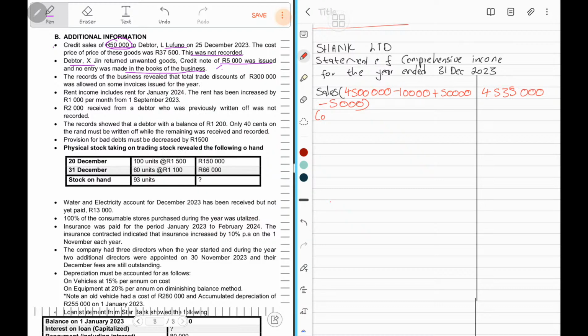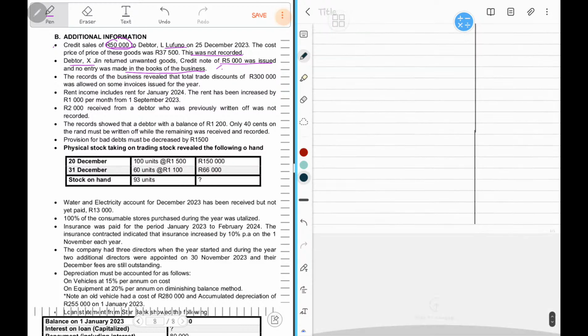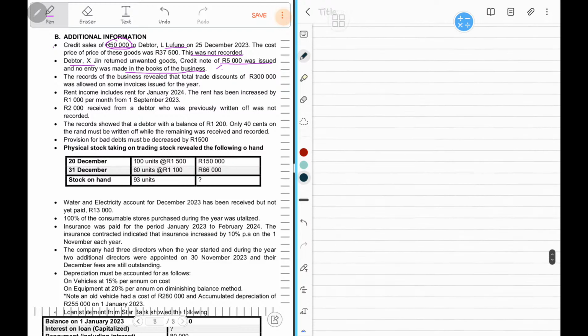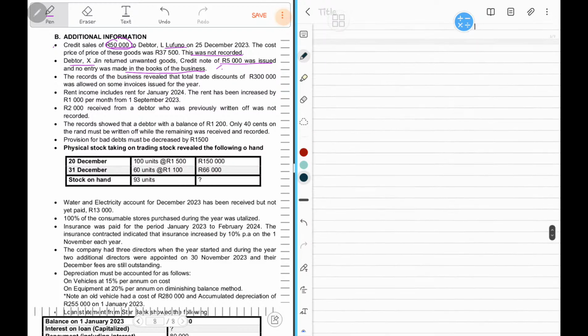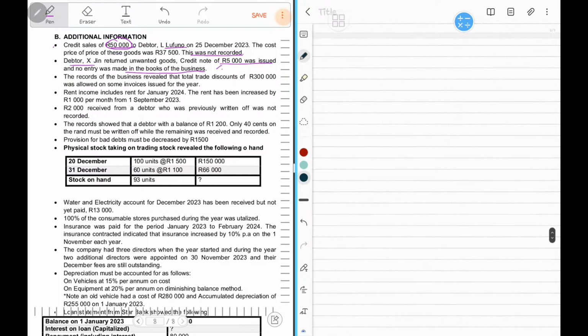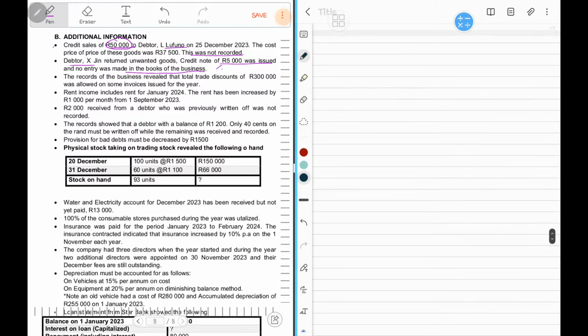So cost of sales, we have to find it. So now before we do this one, let me just say cost of sales. Okay, so let me give you a brief explanation on how this one works. So let's say we know that if we are using a markup, let's assume that our markup is 60%.